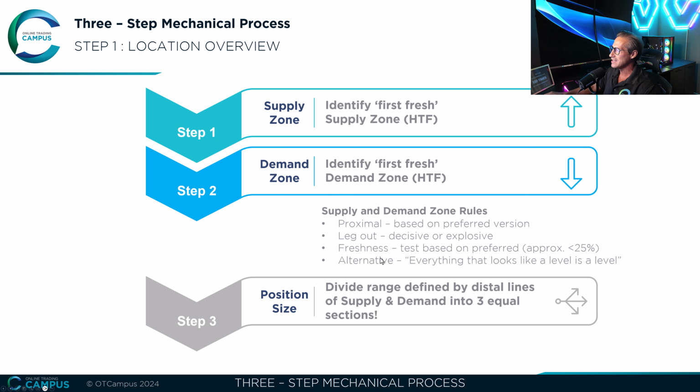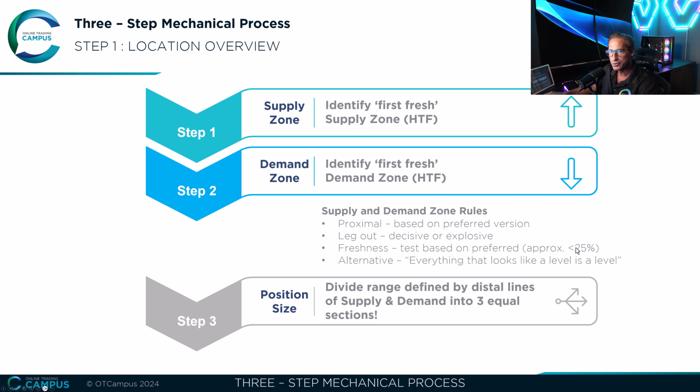However, if I say here, freshness test based on preferred, and a violation of approximately 25% is still allowed, that would be a rule that I give you. It's a basic rule. Why do I say it doesn't necessarily have to be fresh based on a preferred version, because a violation of 25% is allowed?